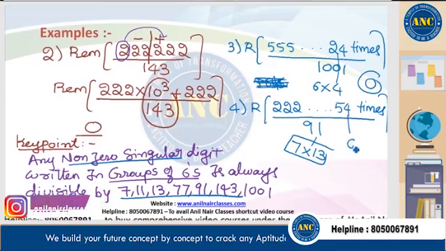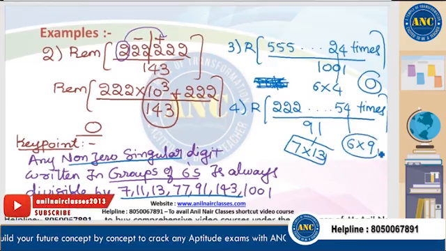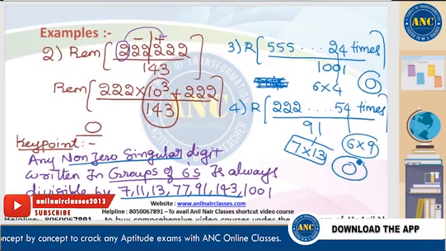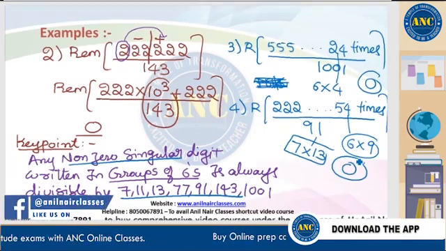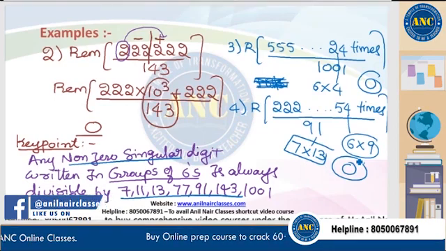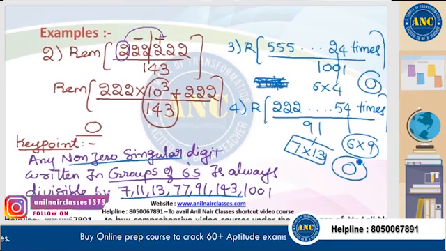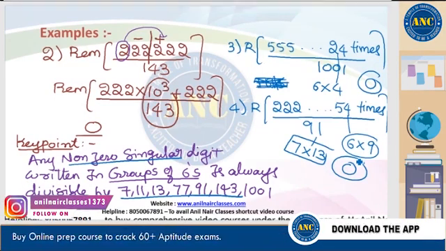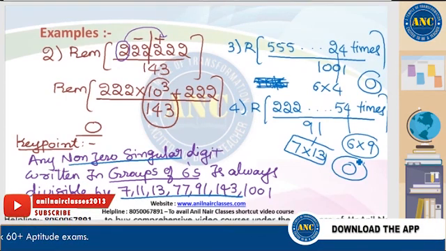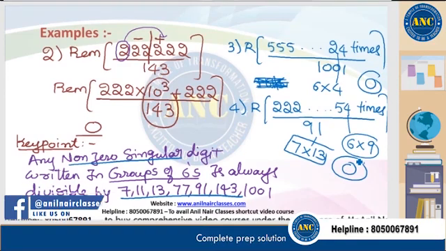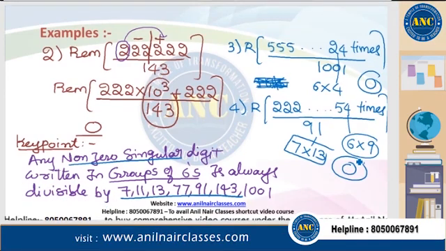Groups of 6: 54 is 6 into 9, so the answer is 0. Any non-zero singular digit written in groups of 6 is always divisible by 7, 11, 13 and so on. If it is not in groups of 6, how to do that we will also discuss.